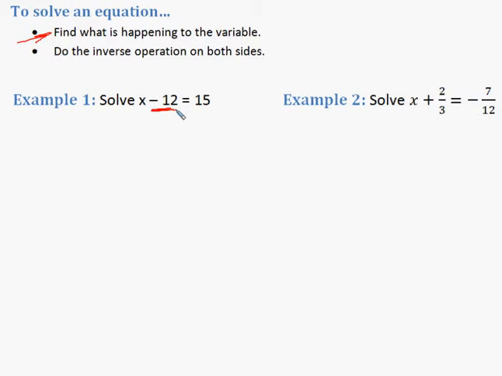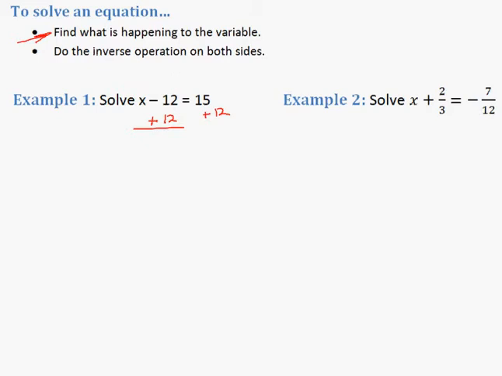So if 12 is being subtracted from it, we are going to do the inverse of subtraction. The inverse of subtraction is addition. So we're going to add 12 to both sides of this equation. I like to put it vertically, underneath it, but really we're combining this.